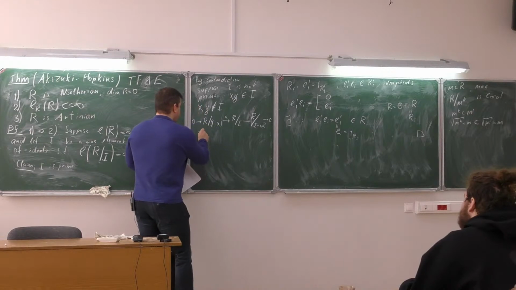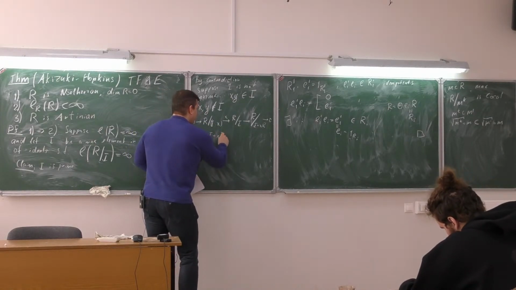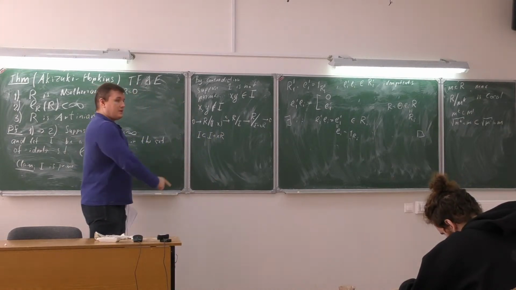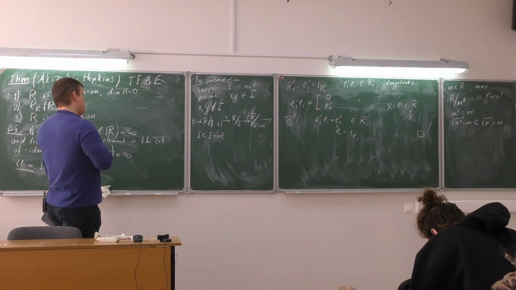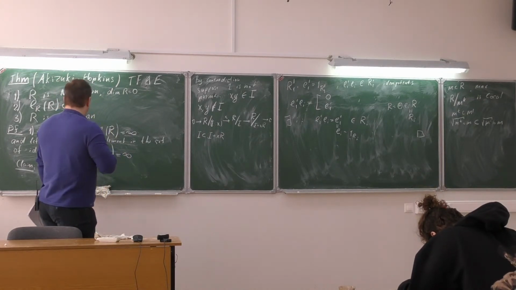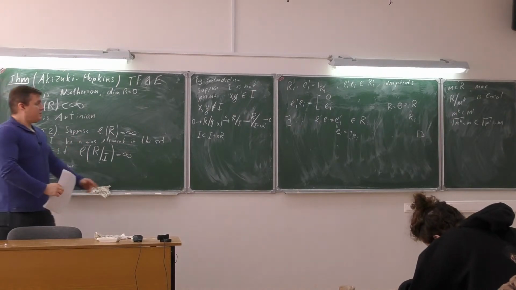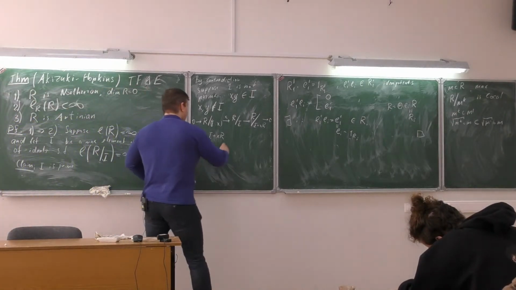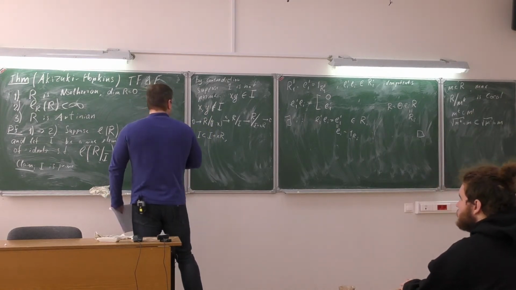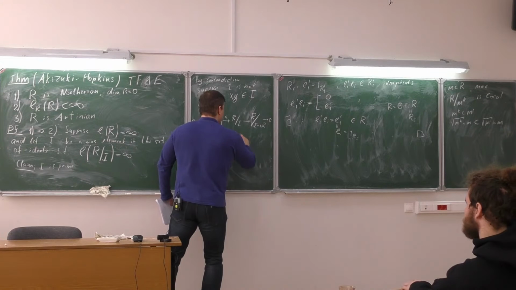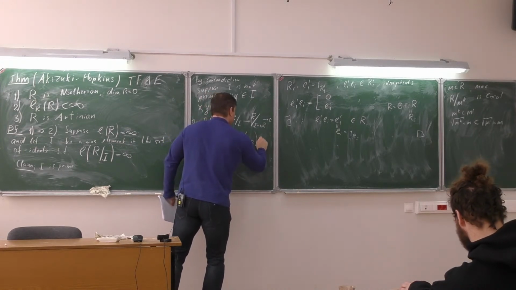We can see that I is properly contained in I plus xR, right? x is not in I, so this ideal I plus xR is larger, and since I is the maximal element, this ideal doesn't belong to the set that I consider, so I can say that the length of the quotient is finite.